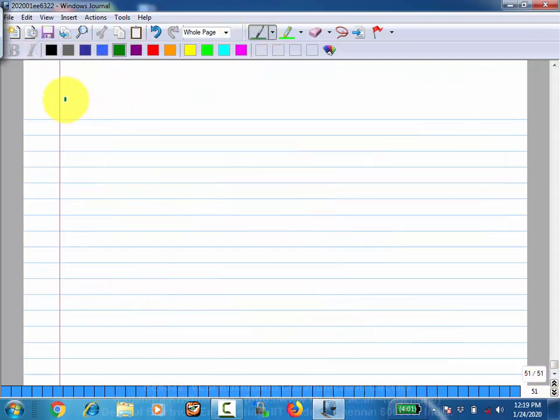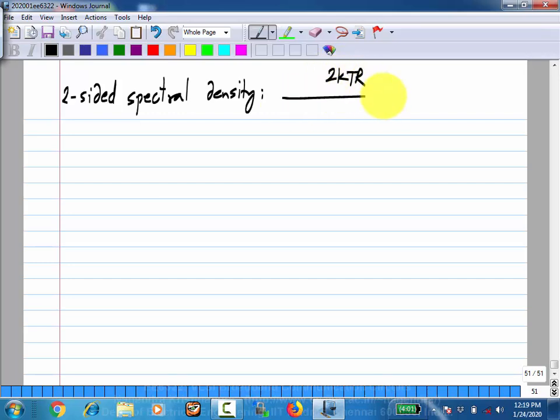So the spectral density was the two-sided spectral density. Okay.